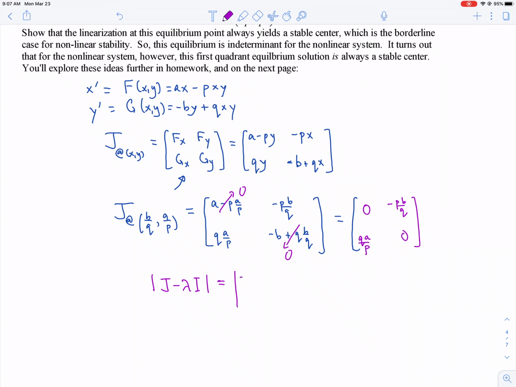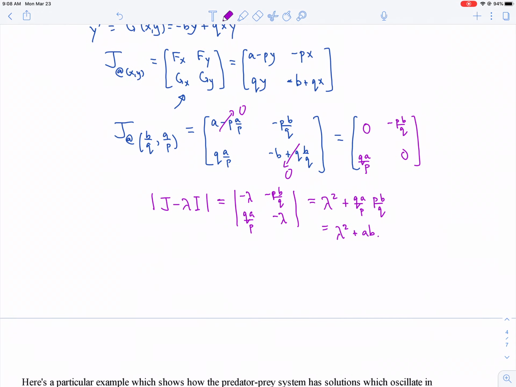So that's the determinant of minus lambda, minus pb over q, qa over p, minus lambda, which is lambda squared, minus, well, plus, qa over p times pb over q. Look at that, the p's and the q's cancel. That is just lambda squared plus ab.